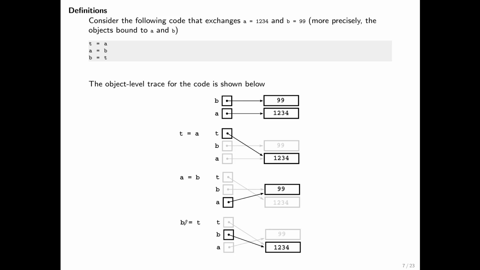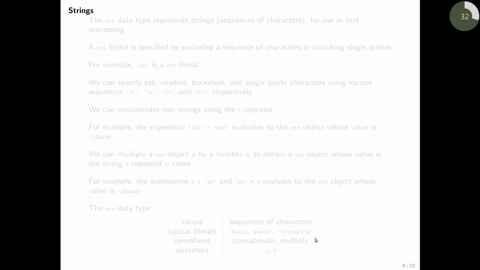Well, b then points to whatever t was pointing to, which is 1234. But now notice that b points to 1234 and a points to 99. So the values of a and b have been exchanged. They were 1234 and 99 before, now they are 99 and 1234.